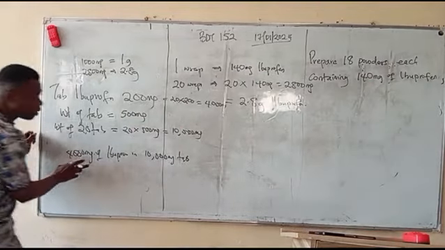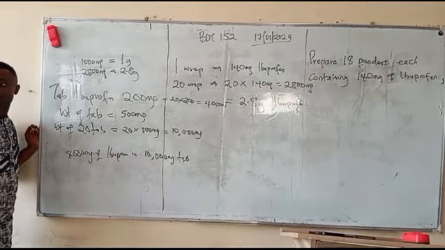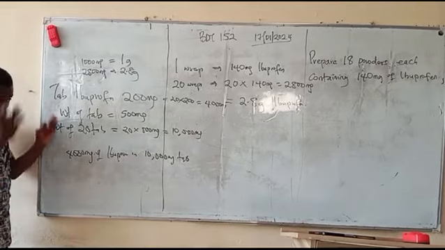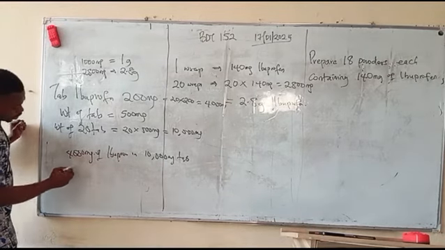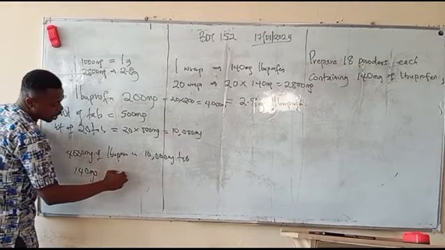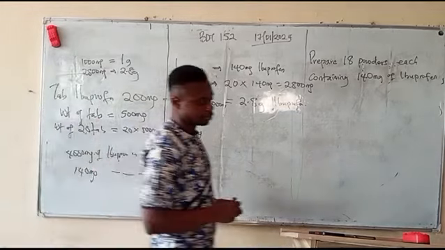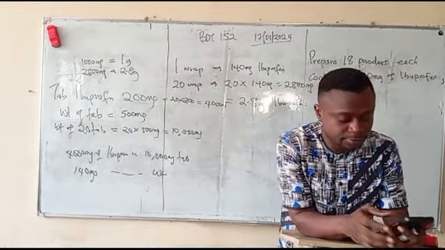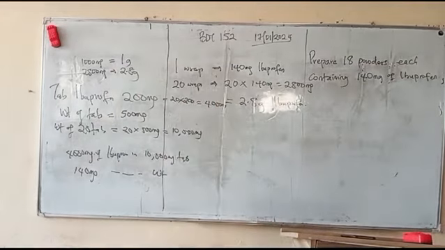You have 4,000 milligram of ibuprofen in 10,000 milligram of the tablet, right? Now, if you have 140 milligram of ibuprofen, in what weight will it be? Do it and let me know.